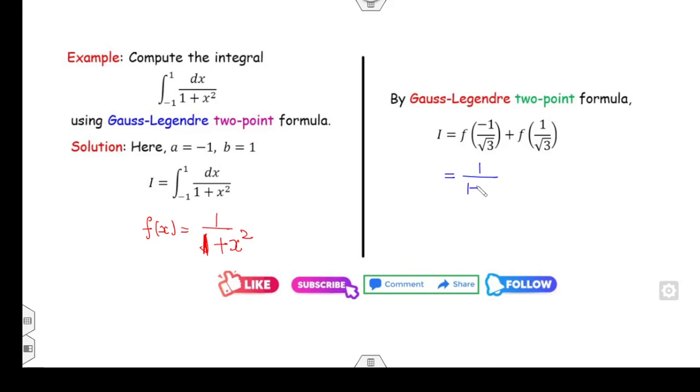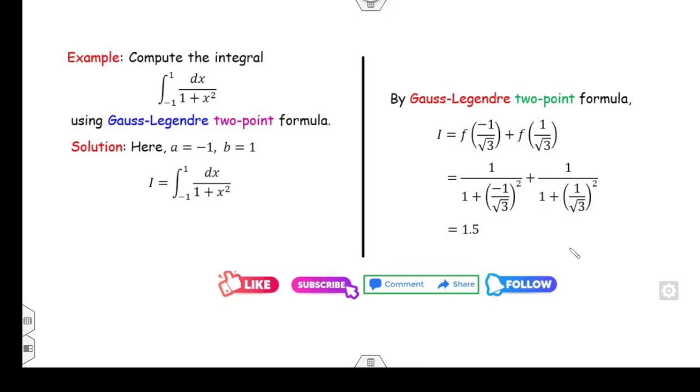It is 1 over 3 plus 1 over 1 over 3, that will be 4 over 3 plus 4 over 3. Sorry, it's 3 by 4, so it's 6 by 4. That will be 1.5, which is the right answer of the problem.